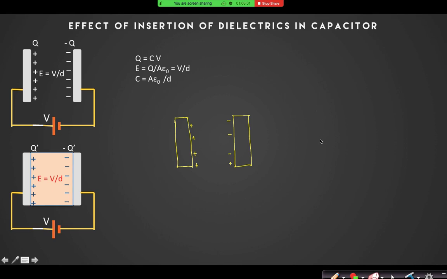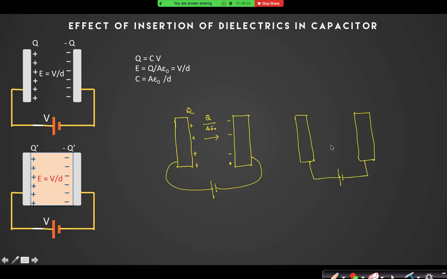Look, if the initial situation is this, where the charge was Q, then I can say that the electric field is Q by A epsilon naught in between them. Yes or no? Now, after connection and insertion of the dielectric, what is the charge on the metal plate?